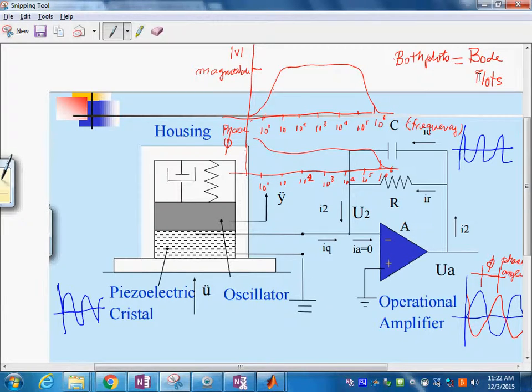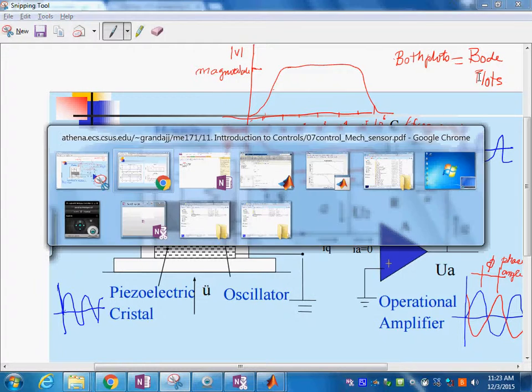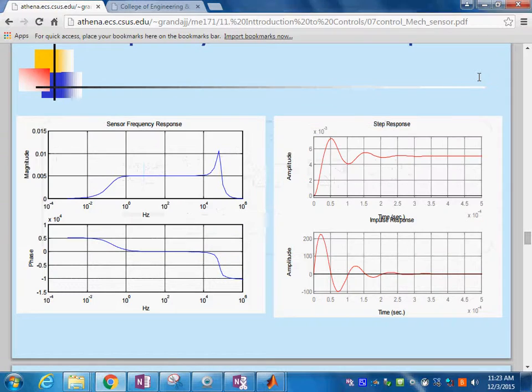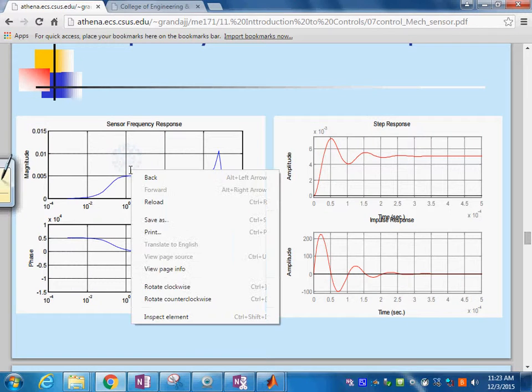On a Bode plot, you always get the amplitude plot and you also get the phase plot. And you can see it in a much nicer way on this picture.